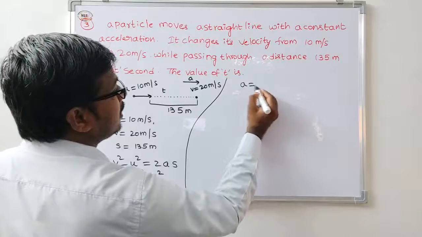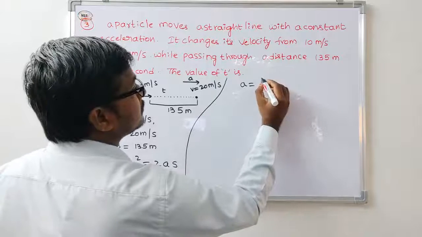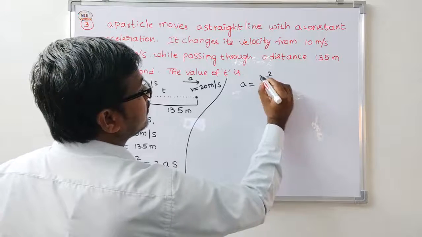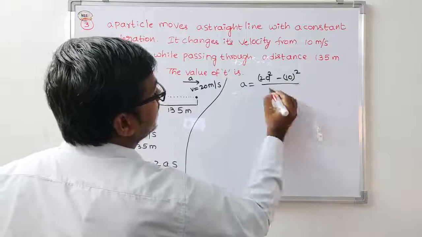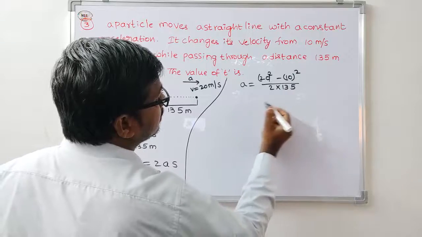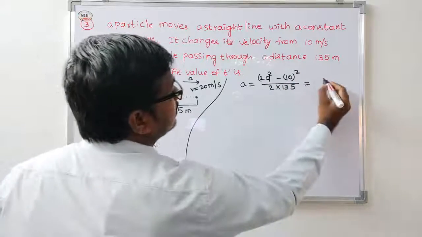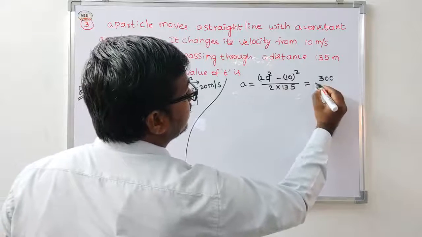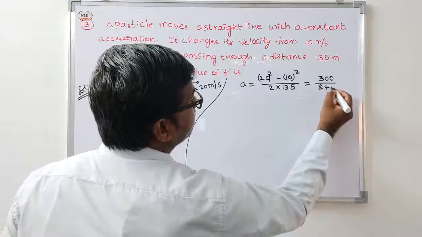A is equal to V value 20 square minus 10 whole square by 2 into 135, is equal to 400 minus 100, 300 by 270.